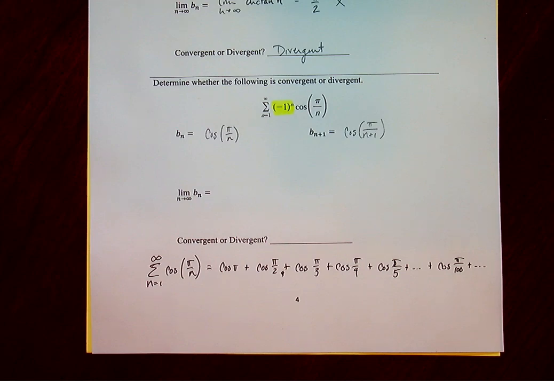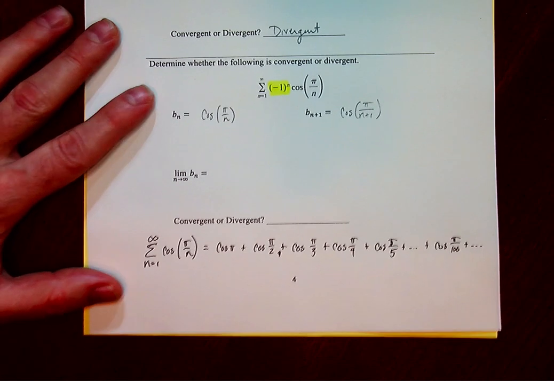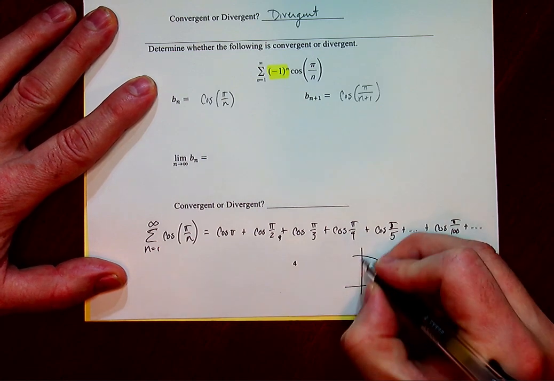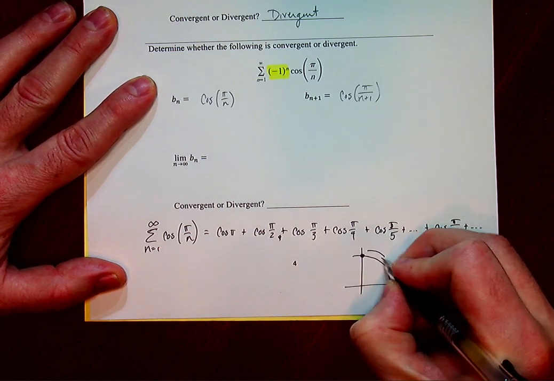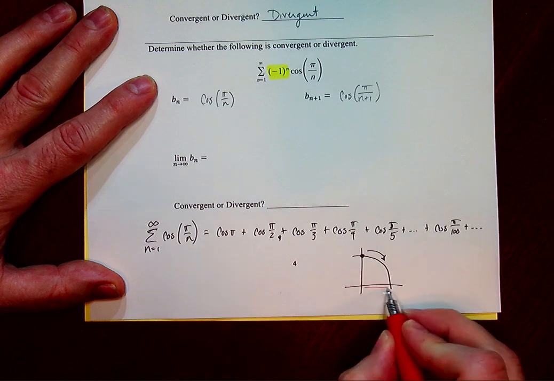So if each successive term is going closer and closer to cosine of 0, that means that if you think about the unit circle and these values on the unit circle, you start off here and you're going that way around the circle. But remember, when you're dealing with cosine, you're dealing with the x measurement.